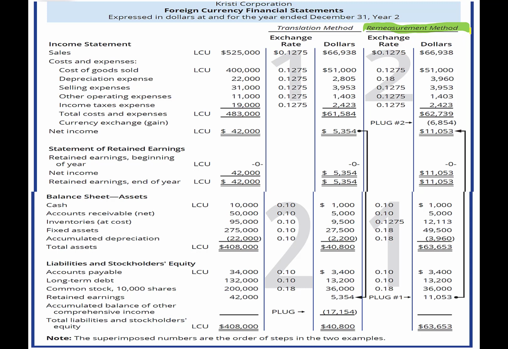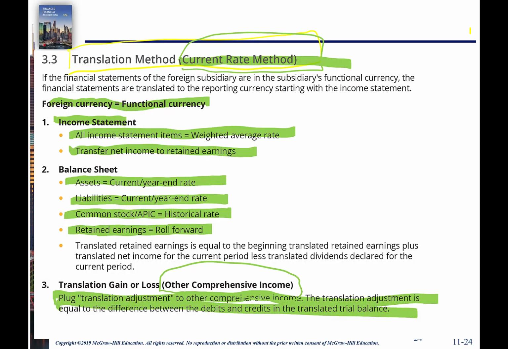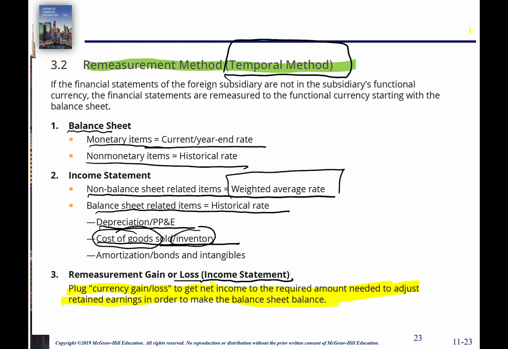That means we're going to use various rates for our financial statement items. Let's just go back and look here under the remeasurement method. Balance sheet, if it's monetary, use the current rate. Non-monetary, use historical rate. But we have to be careful: even though it may be non-monetary, if it's acquired evenly throughout the year, like inventory, we're going to be using the weighted average. But for other items like that equipment, we'll use the historical rate.